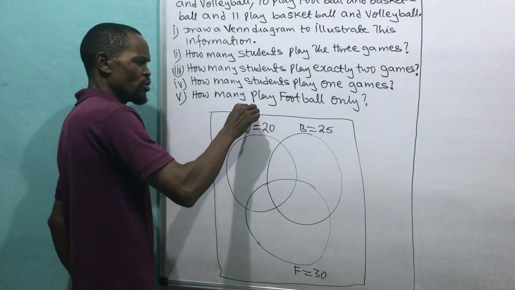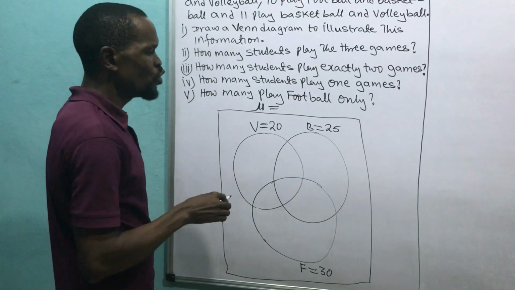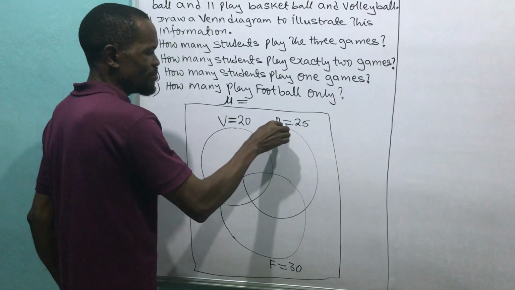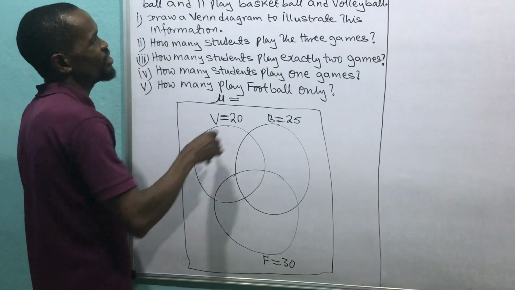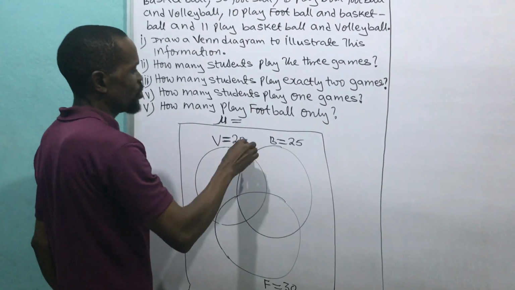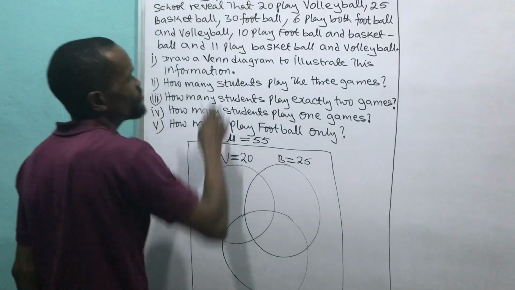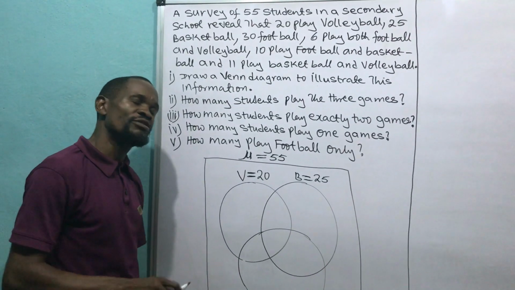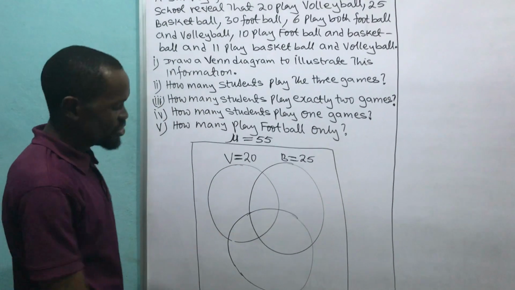This symbol mu represents the total students that participated in the 3 games. The total is 55 students, because they said a survey of 55 students in a secondary school, and they participated in these 3 games.